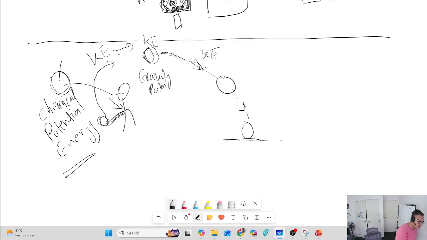Then this kinetic energy also gets converted into sound energy, which is a transformation. So you can see a lot of transfers and transformations happening. That's how energy takes different forms or gets transferred but is never lost.